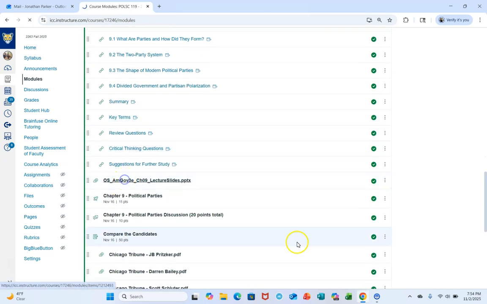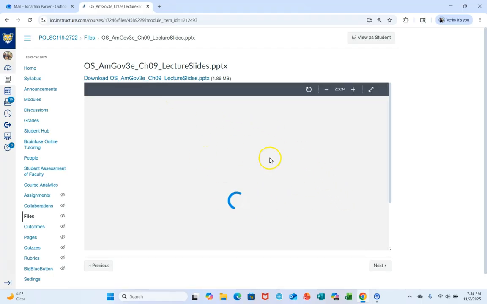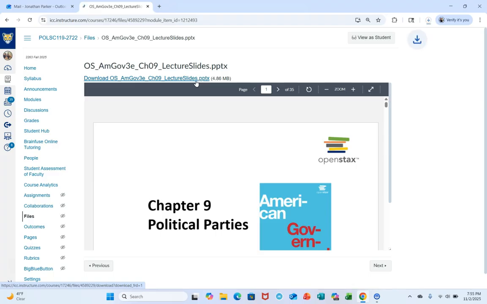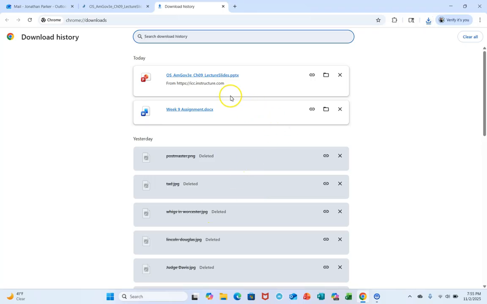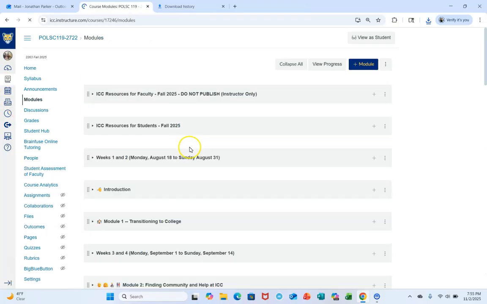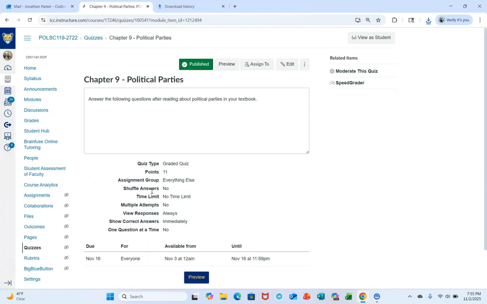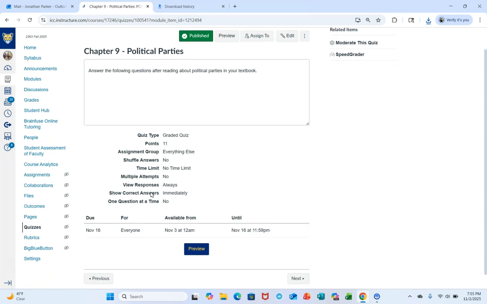And if this is a teaching moment, if it says the document's still downloading or something like that, just again click on the title. And it worked that time, but then it'll download. So then after you take a look at that, there is a reading quiz on political parties.